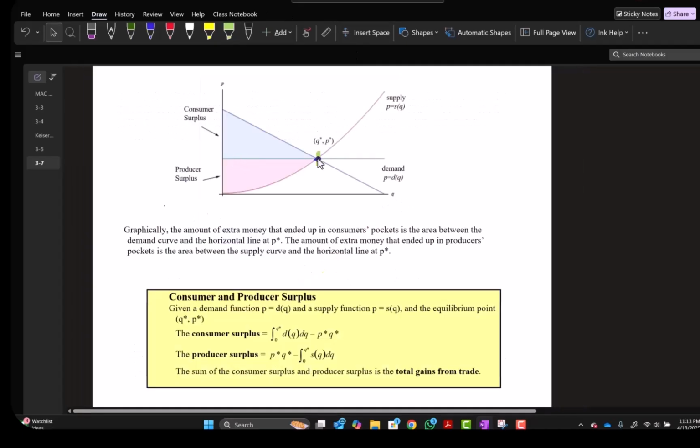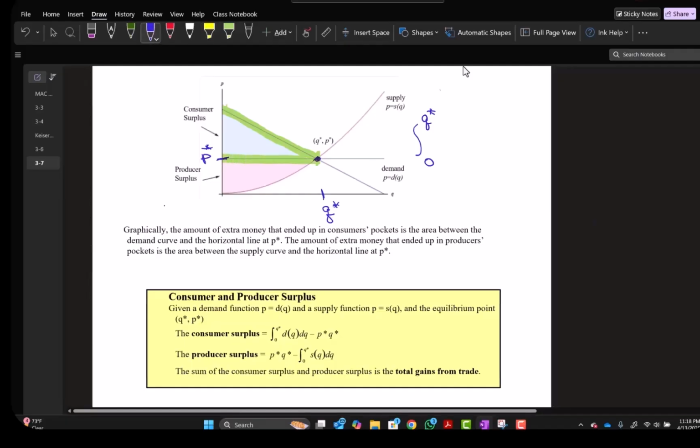If I want to find the area in blue, I want to integrate from 0 to my equilibrium quantity of the demand function minus the price at equilibrium.